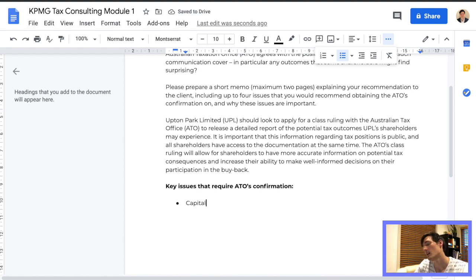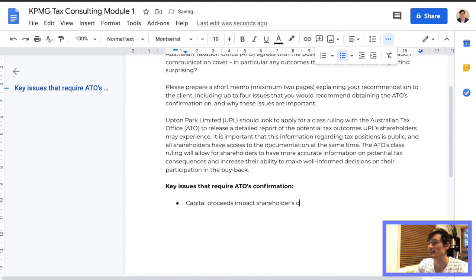So let's start with capital proceeds. Basically, rather than phrasing it as a question, I'm trying to phrase it as a statement. So it's really like how capital proceeds impact shareholders' capital gain or loss in relation to the buyback.